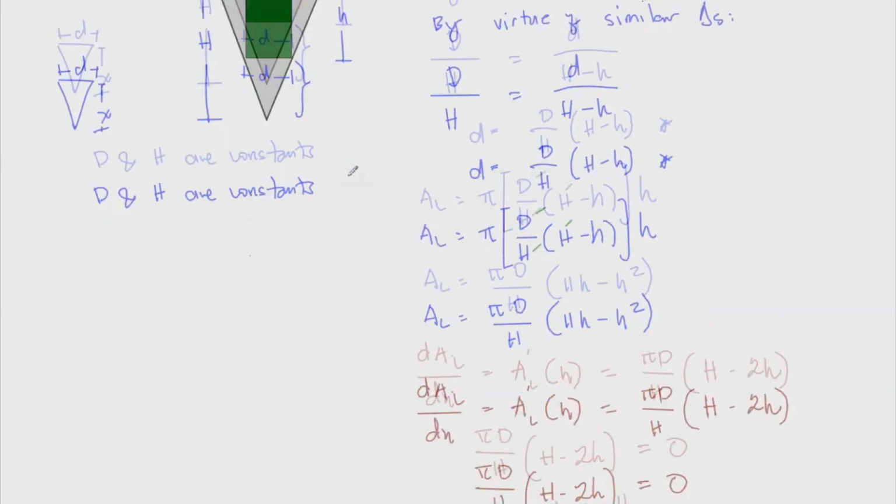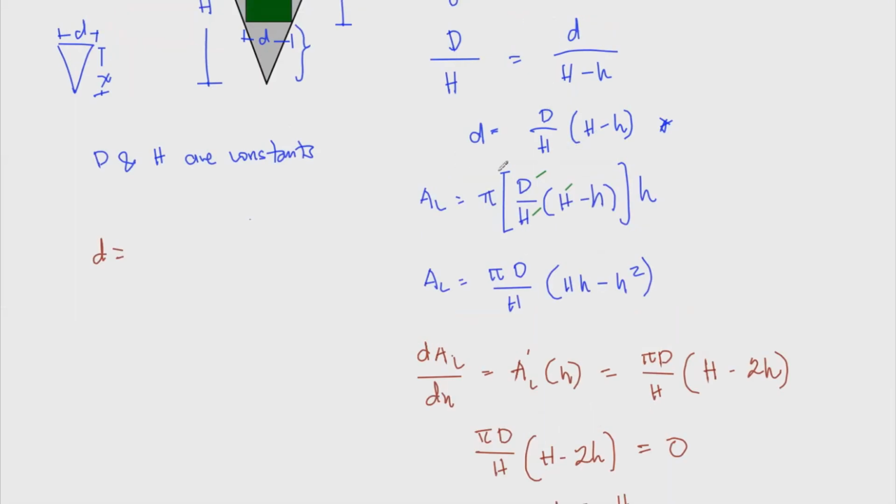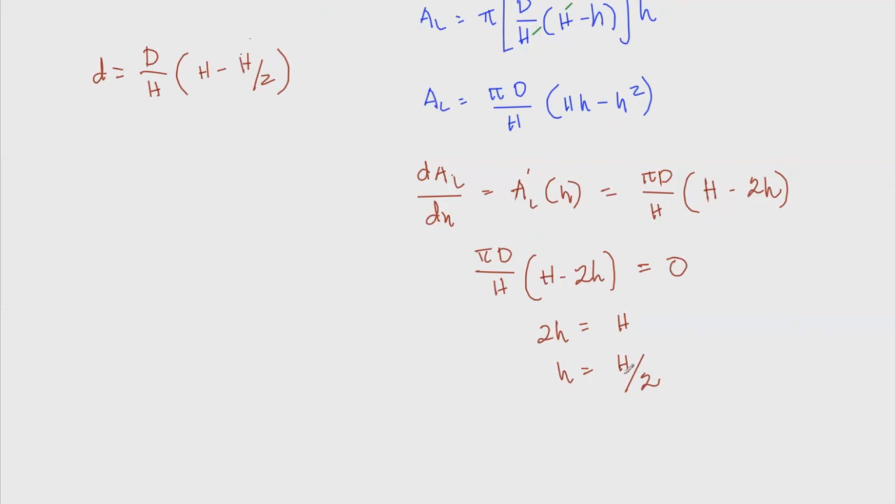So it is not yet complete, so we need to find the diameter of the cylinder. If you look here, we know that this is the expression of the diameter, so let's go back with that. So that's D over H, and then H minus h, and we know that h obtained from this expression, the small h, is actually the capital H over 2.